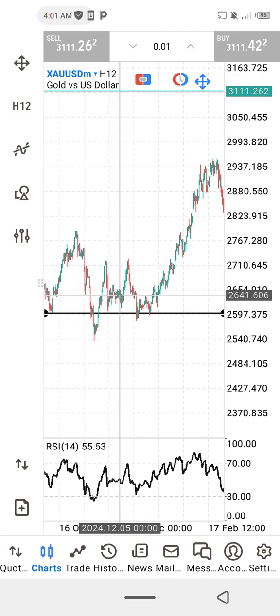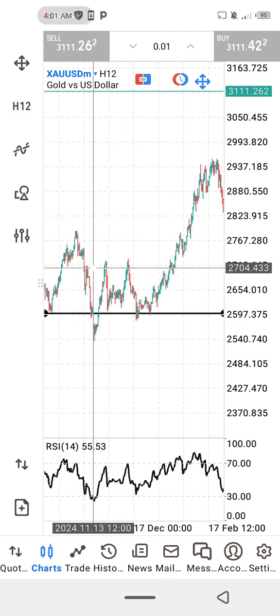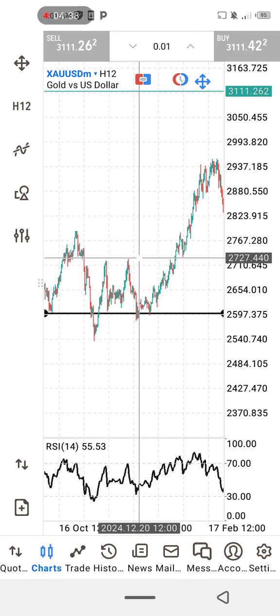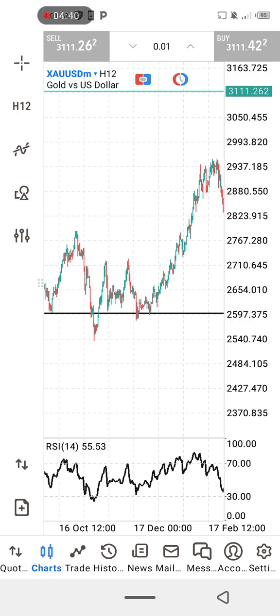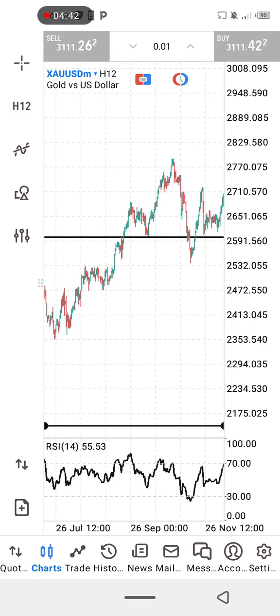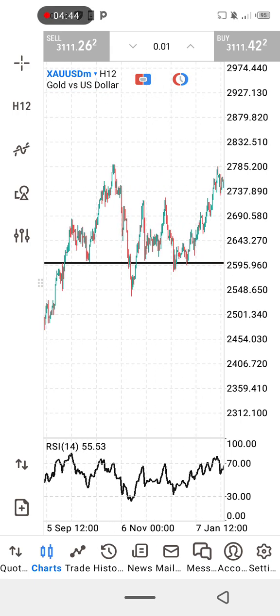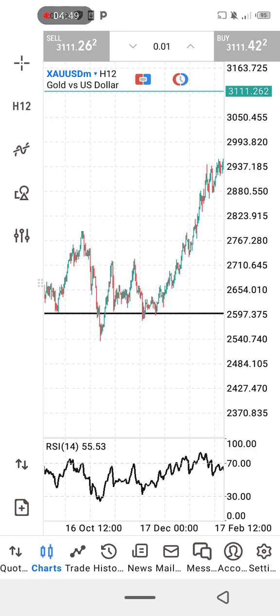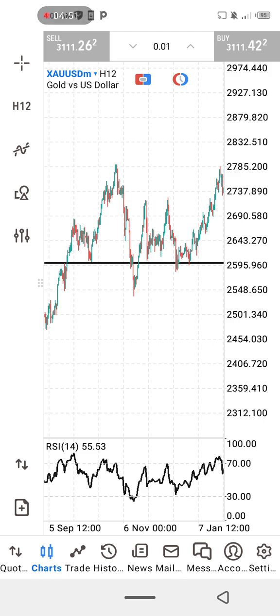So for now, it's a head and shoulders pattern, showing that the market is reversing. And there was a little bit of consolidation here, so this will also be our support level.